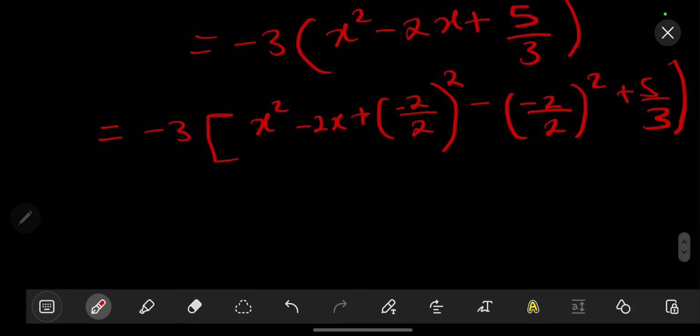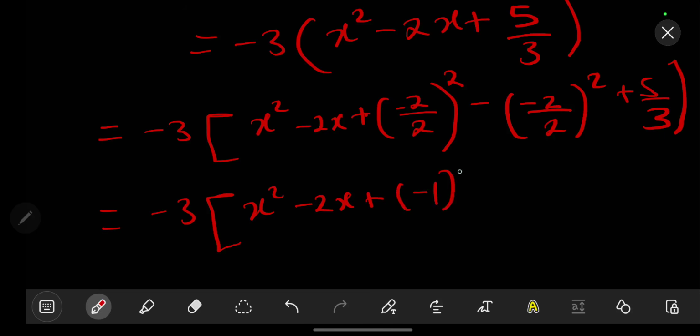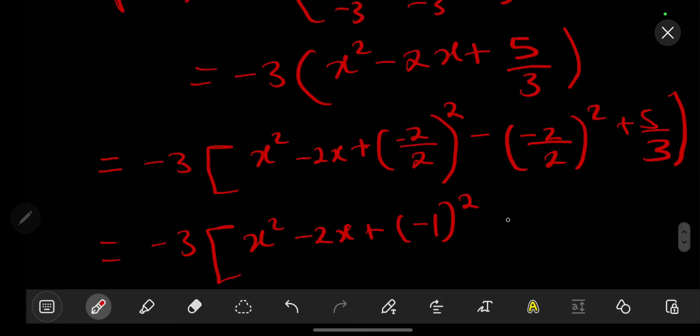So after doing this, you are going to say negative 3, then we have x squared minus 2x. Then negative 2 divided by 2 will give us a negative 1. When we square that, we have minus negative 1 squared. Then we have plus 5 over 3.